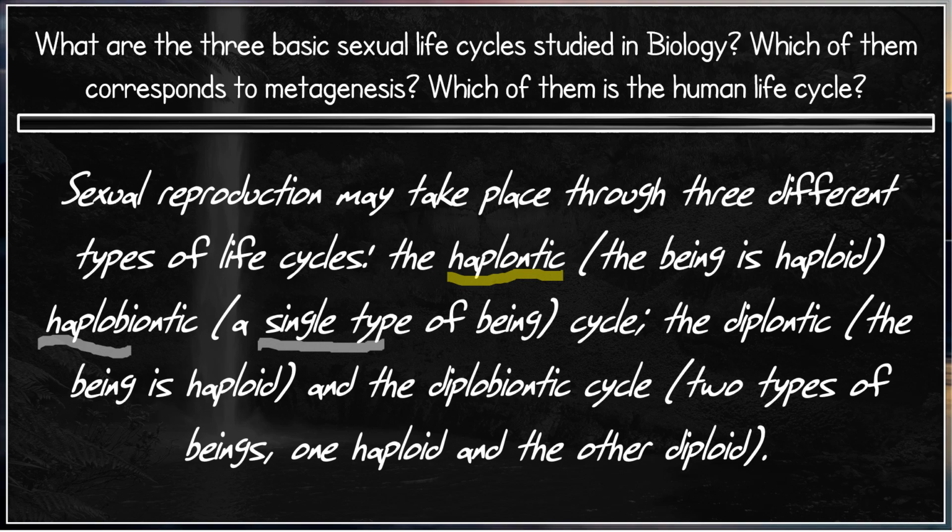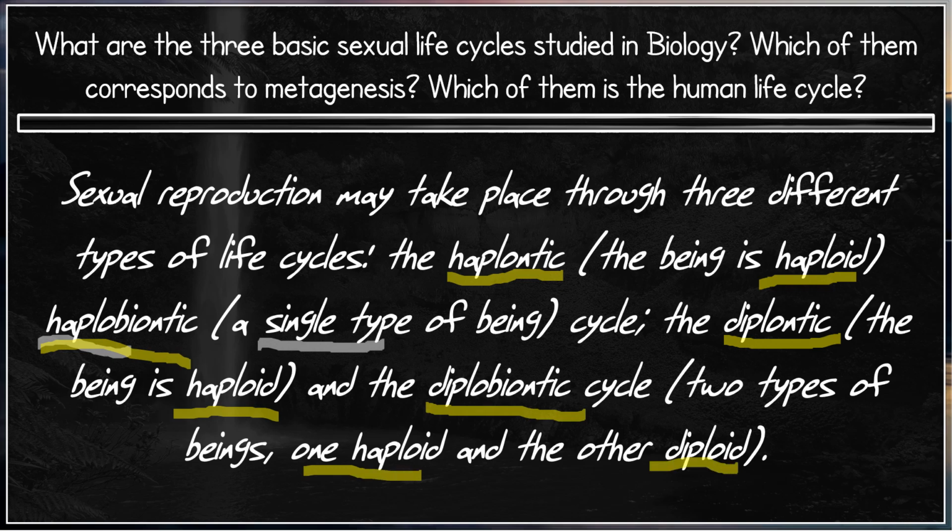Haplontic, being haploid; haplobiontic, a single type of being cycle; diplontic, the being is diploid; and diplobiontic cycle, two types of beings, one haploid and the other diploid.